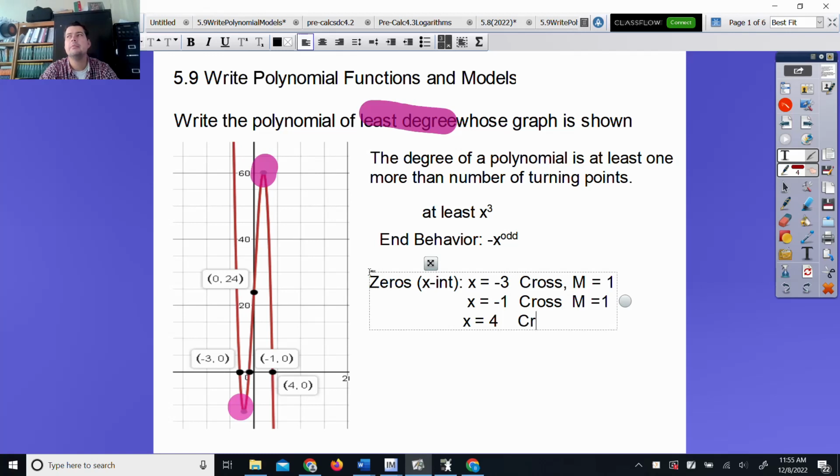It's crossing. Take your pencil, draw along it. If your pencil crosses the x-axis as you draw, you crossed. All right. There's your zeros and your multiplicity. That's all the information we need now to start writing a function.